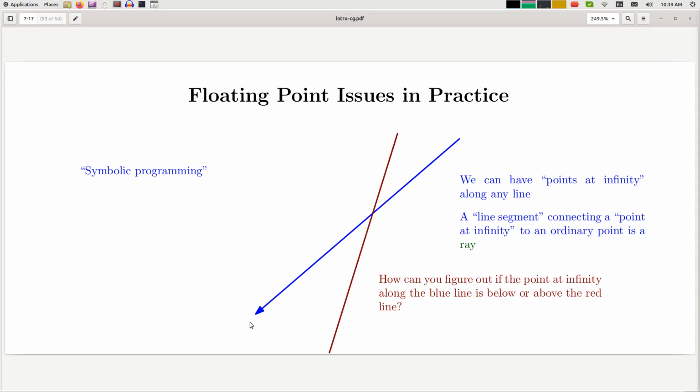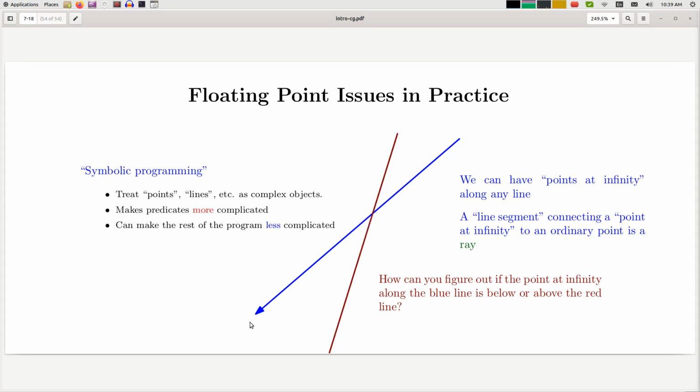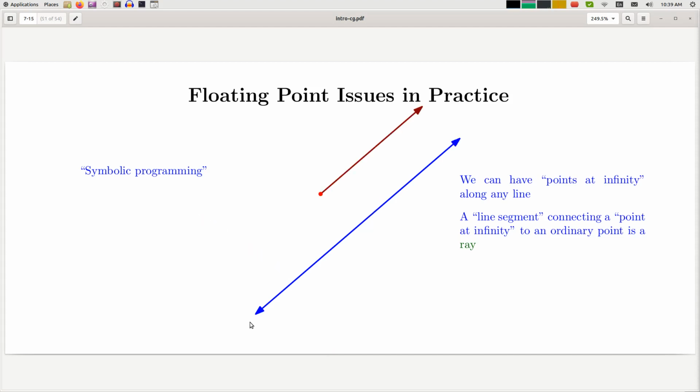So here the idea is that we can treat points, lines, etc. as complex objects. And we could have predicates that can take care of these complex objects. We could have symbolic values for these objects, or let's say values that are not traditionally represented by numerical values. This could make coding the rest of the program less complicated, because we can now have the representation for rays, or parallel lines and things like that, which could be difficult to achieve using numerical values for lines because of the floating point issues.